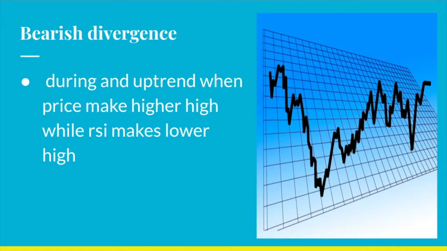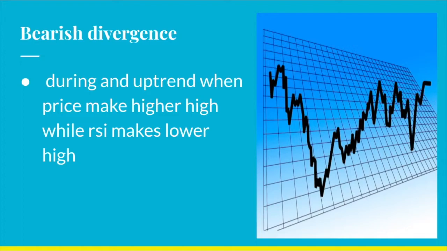That's what you want to see. You'll understand this more than the description when you get to the charts. Bearish divergence happens during an uptrend. When the market is trending up, you get an early warning when the price makes a higher high, but RSI, the momentum, is making a lower high.